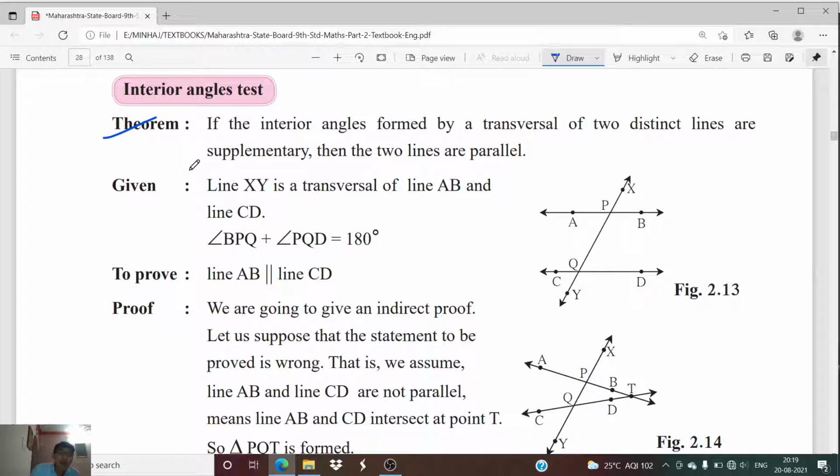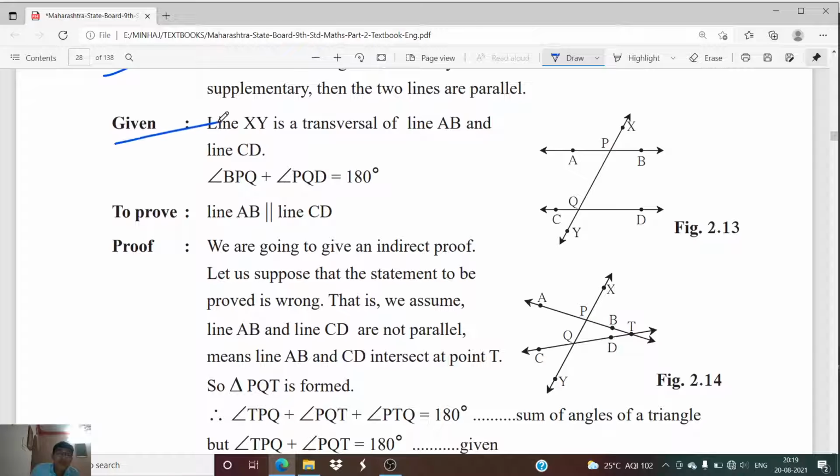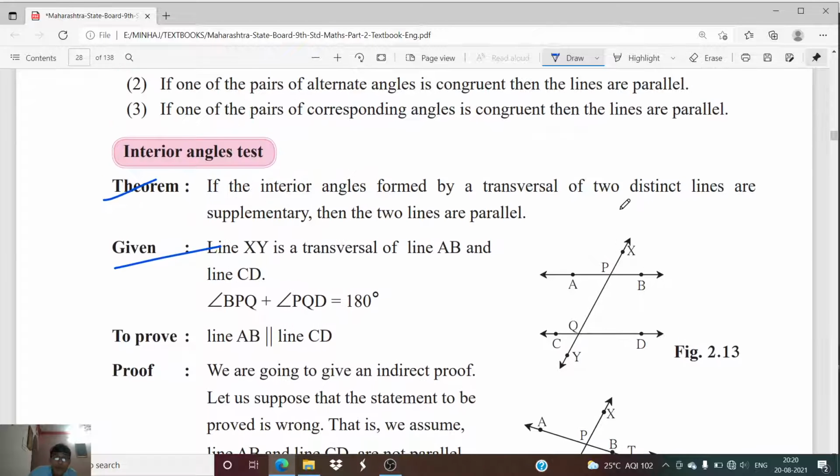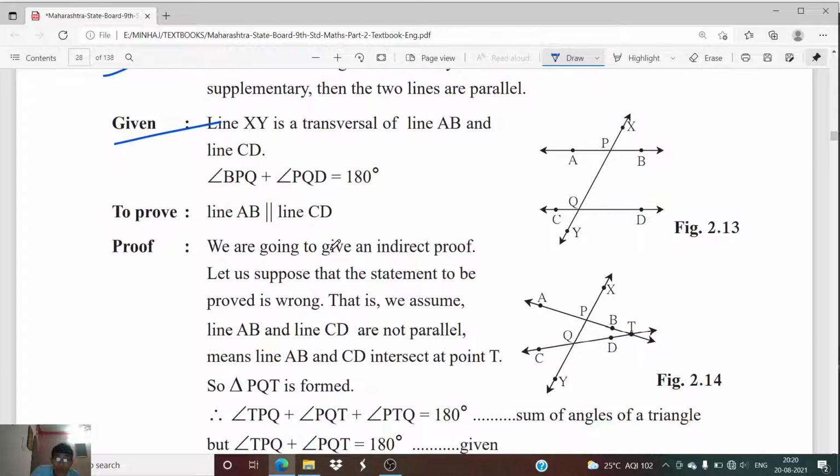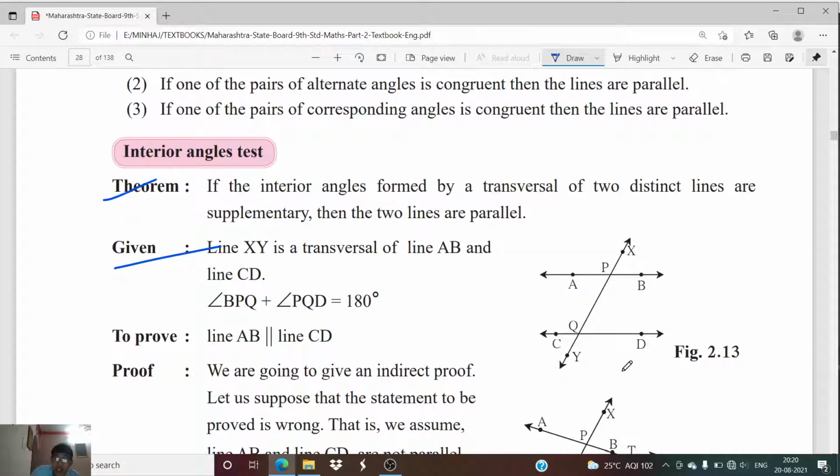So how can we prove that? First of all, we will take the given terms. We have taken AB and CD as two lines, and we have taken XY as our transversal. What we have to prove is that these two lines AB and CD are parallel.